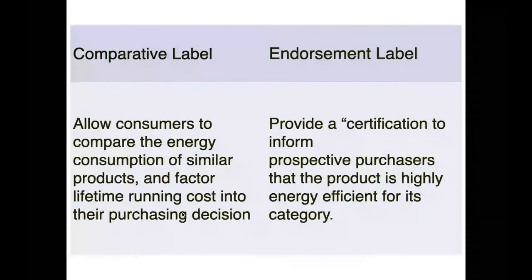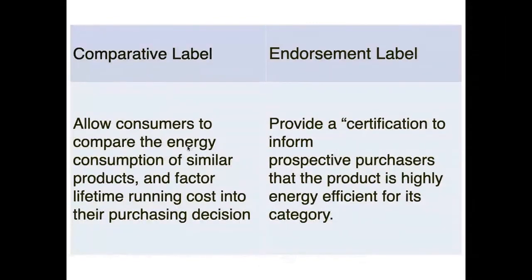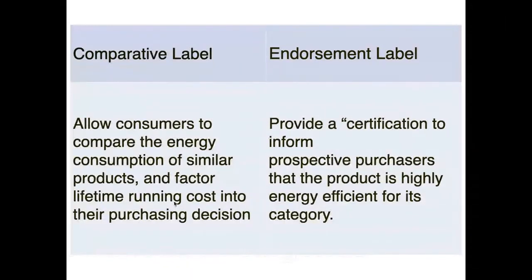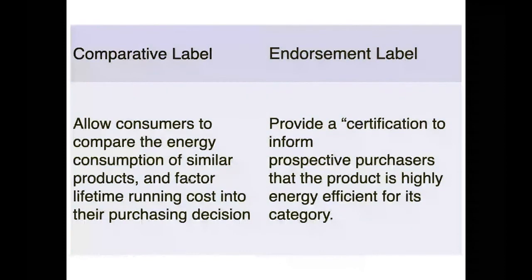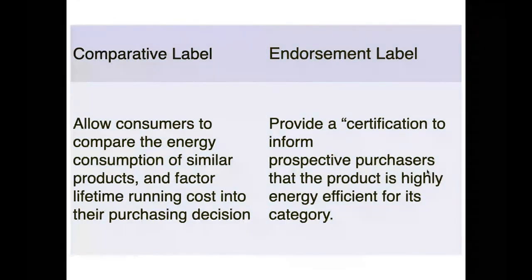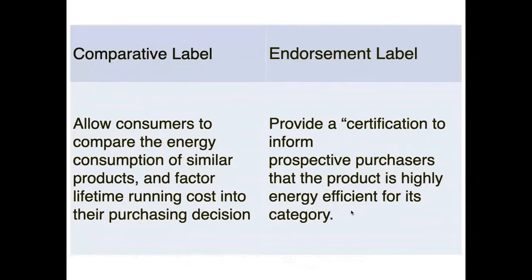Whenever they are purchasing such products, they will come to know this through comparative labels, which allow them to compare running costs in the decision taken to purchase such products, right? The endorsement label provides certification to inform prospective purchasers that the product is highly energy efficient for its category. So these are the two labels mentioned.